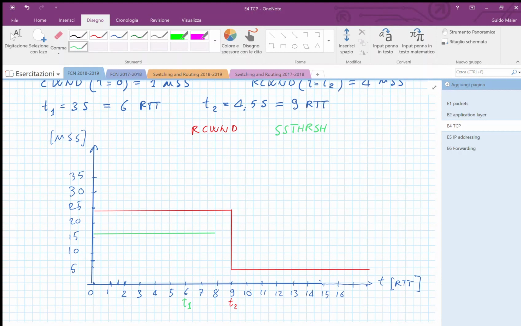Actually, when the loss occurs, which is at t1, then we have to wait, because the transmitter recognized that there was a congestion event only after a timeout. So only after one timeout has lapsed.